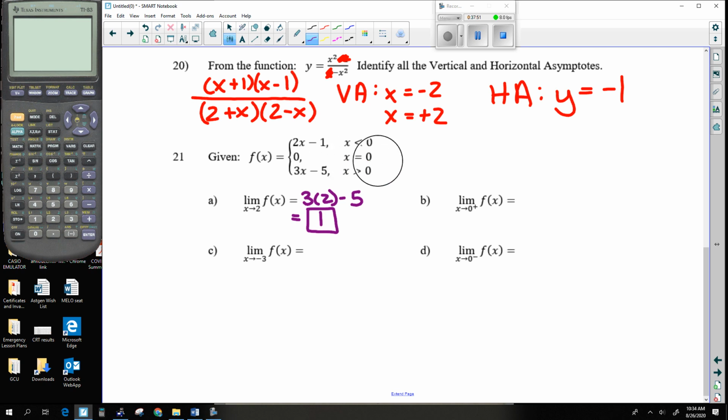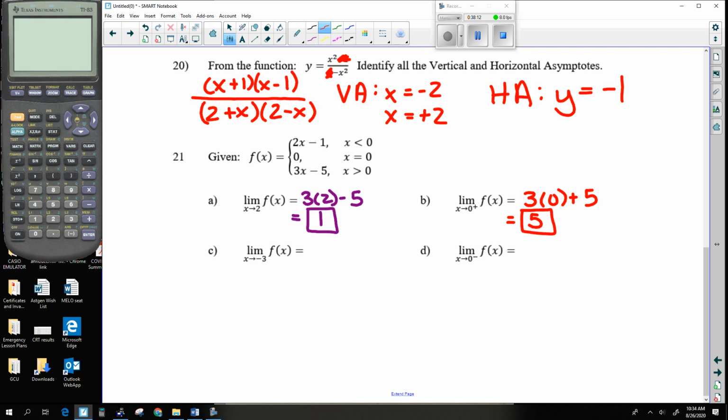Let's go to B. x is equal to 0 from the positive. So again, that is where x is bigger than 0. So that would be that equation there. So that would be 3 times 0 plus 5. So that's the limit from 0 from the plus side.